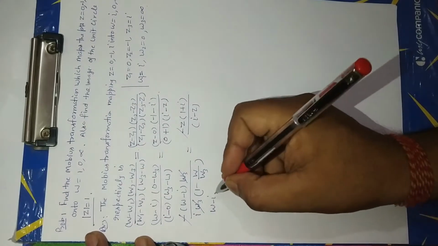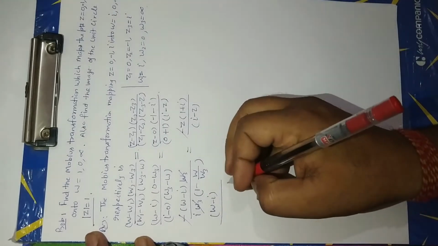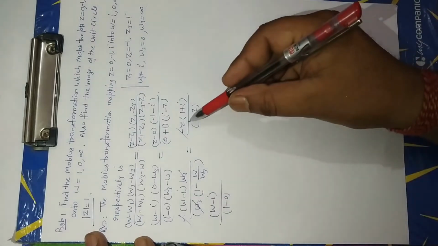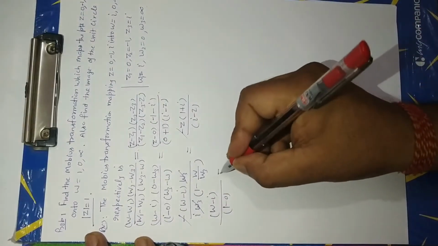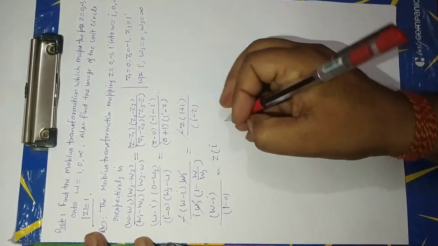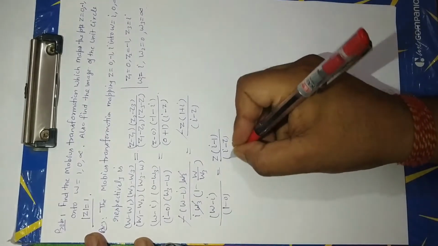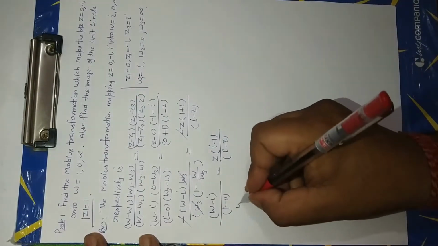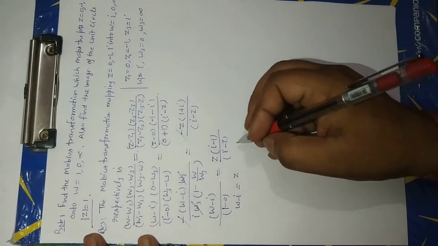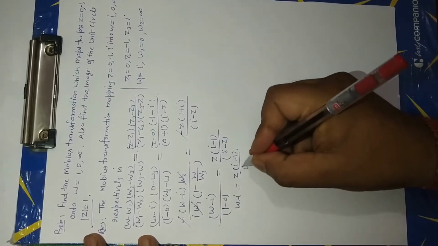w minus i upon 1 minus 0. Now i multiplied on this side. This is equal to z into i minus 1 upon i minus z. Now w minus i equal z into i minus 1 upon i minus z.